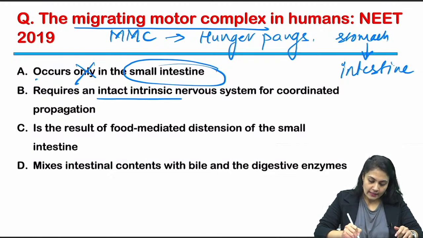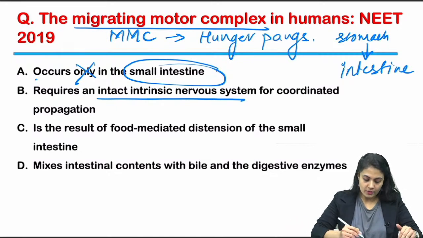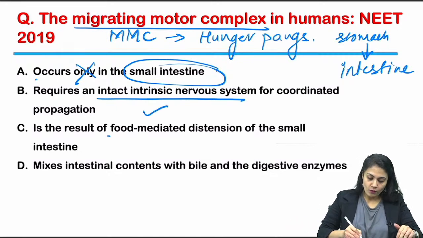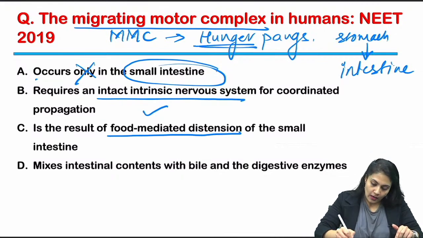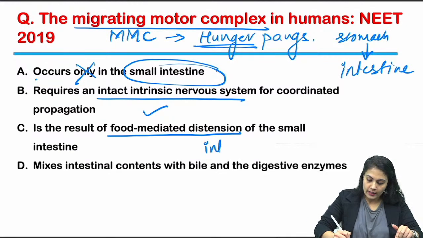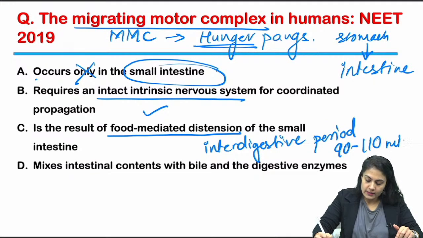Requires intact intrinsic nervous system for coordinated propagation, that's true. Is a result of food mediated distension? It is the hunger pang which occurs in the interdigestive period. And one MMC is for 90 to 110 minutes. Please remember this is asked too.